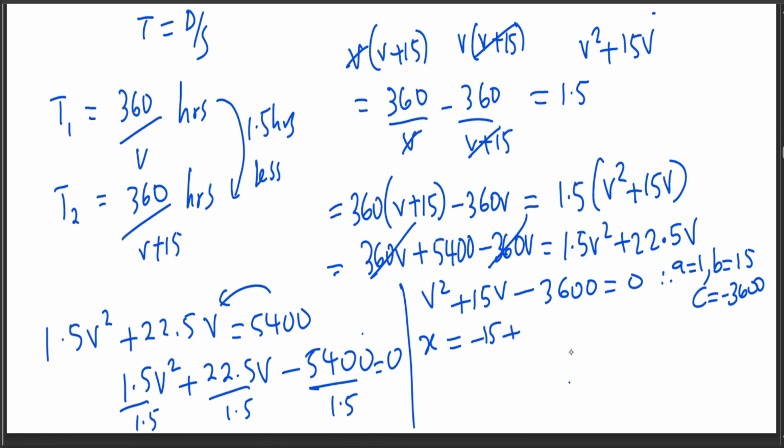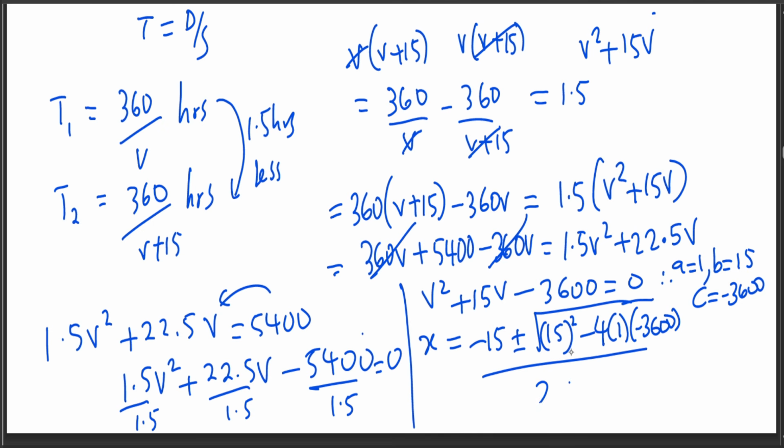So minus b will be minus 15, plus or minus the square root of 15 squared minus 4 times 1 times c, negative 3,600, divided by 2a, which is just 2 times 1, which is 2. So 15 squared minus 4 times negative 3,600 is going to give you 14,625. So all of this is 14,625.